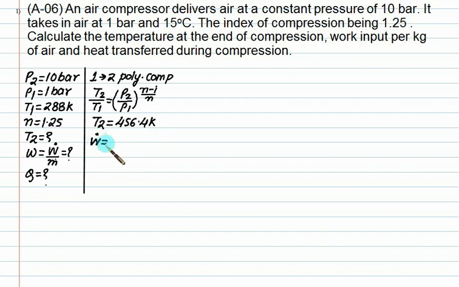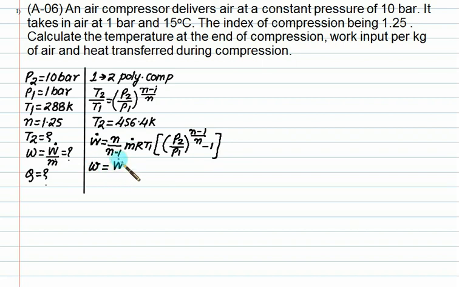Now we want to calculate the power. Let's have the formula for power first: W dot equals N upon N minus 1 times M dot R T1 into the bracket (P2 by P1 to the power (N minus 1) upon N) minus 1. Since we are interested in calculating the specific work, we divide the entire quantity by M dot.